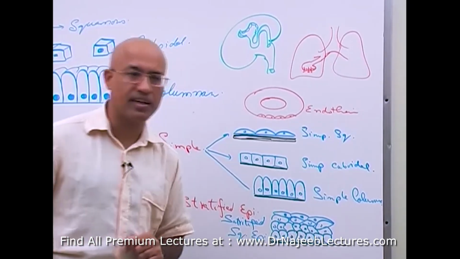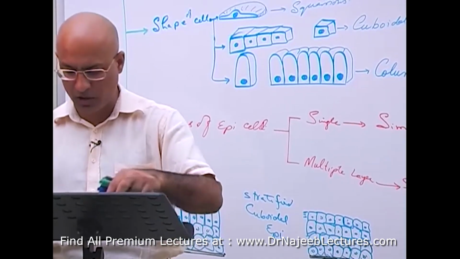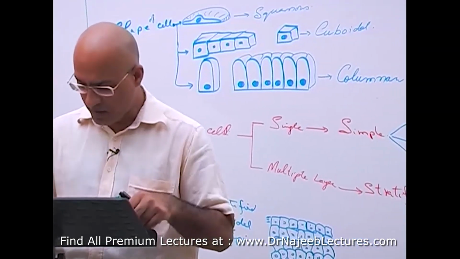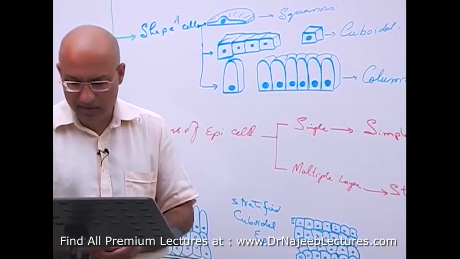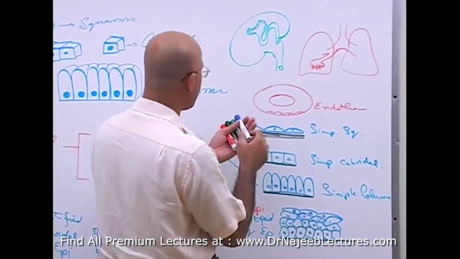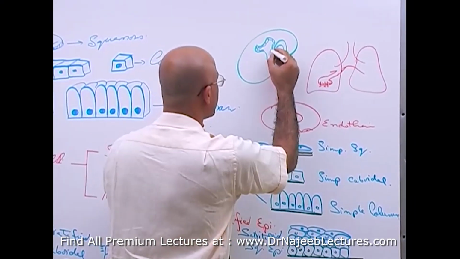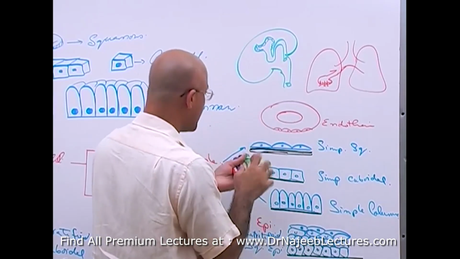Simple cuboidal epithelium. Simple cuboidal epithelium is normally present in which tissue? Yes, number one, in the nephron, in some areas of the nephron. Nephrons are special tubes in the kidney which make the urine, right?